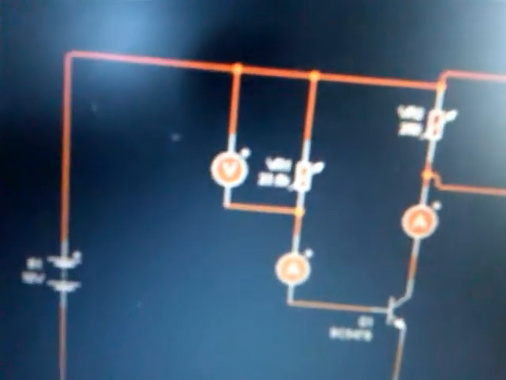Now this is it. With Circuit Wizard I have designed what we did here in our calculation. Let me change the background.